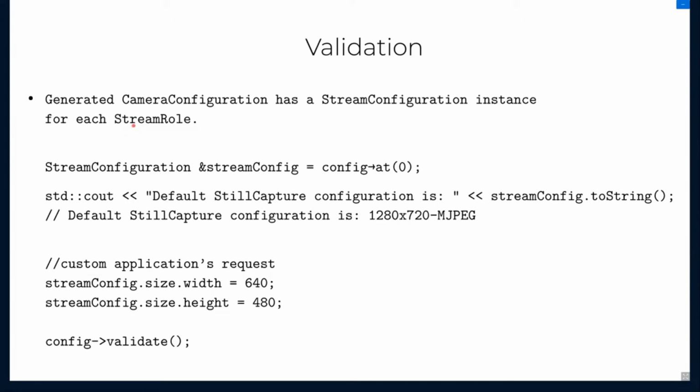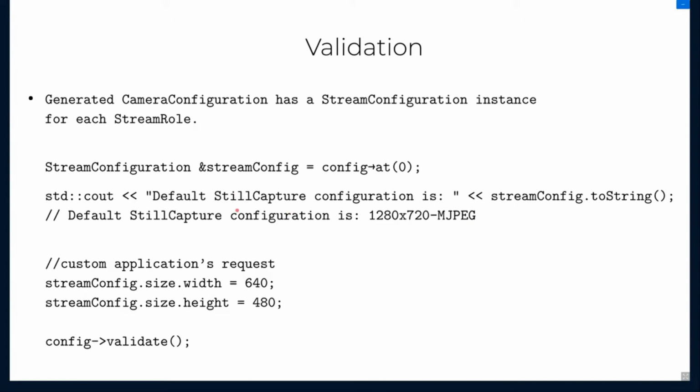Each will have a specific stream configuration, and this is the stream configuration the camera has given you, the default still capture configuration. So this is the default one. If I print this out, it will tell me it will capture at 1280 by 720 resolution with the format being MJPEG.